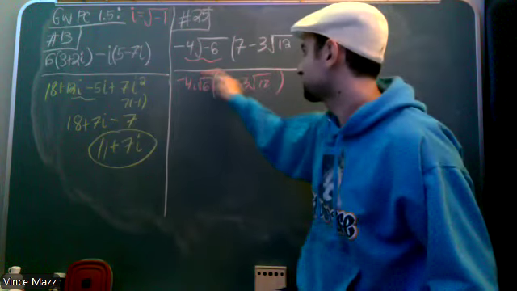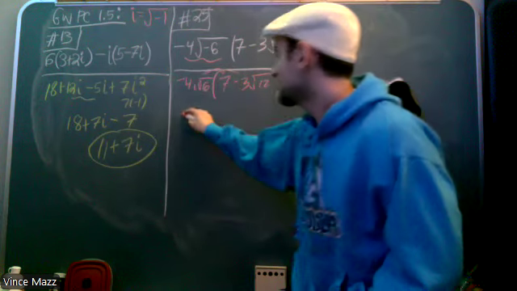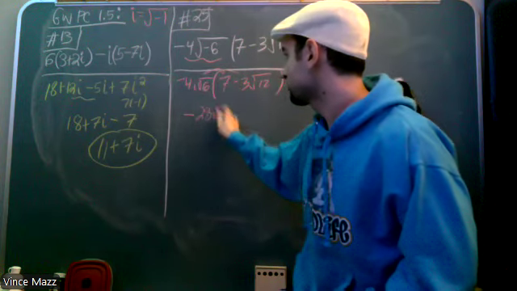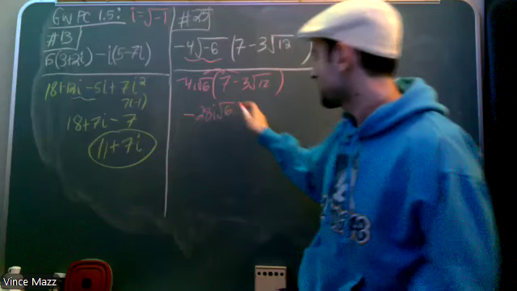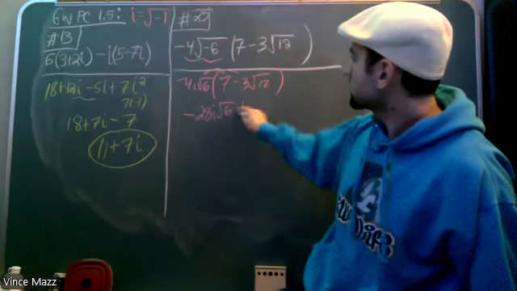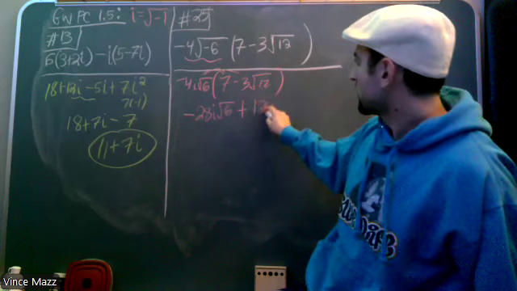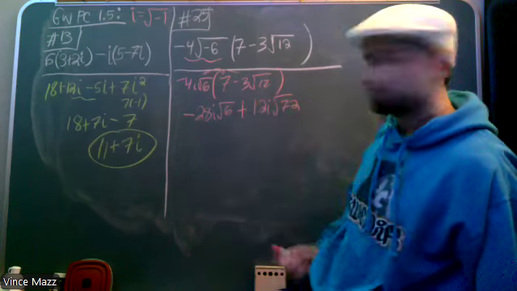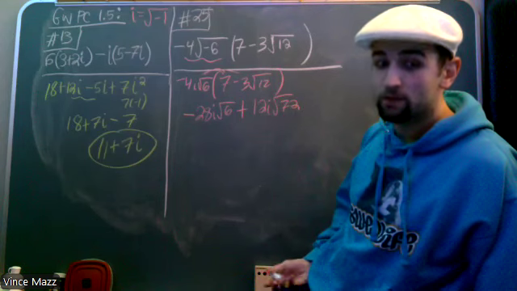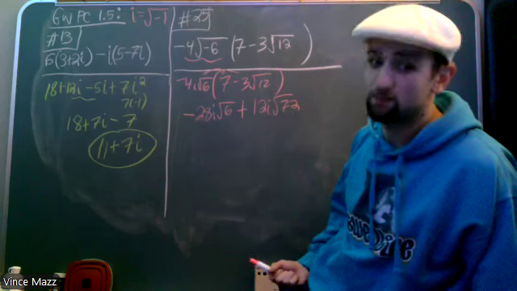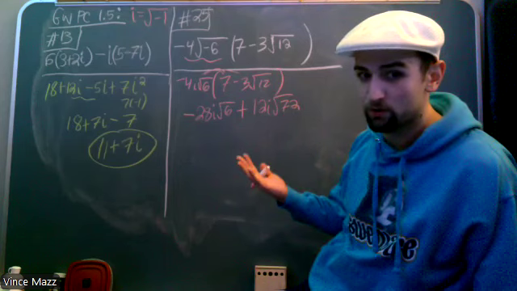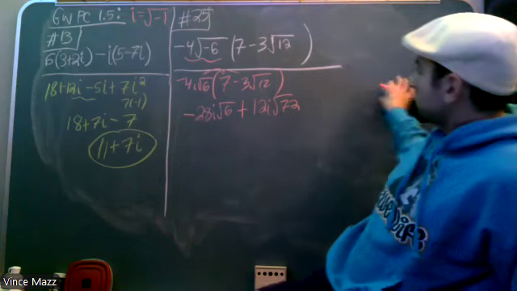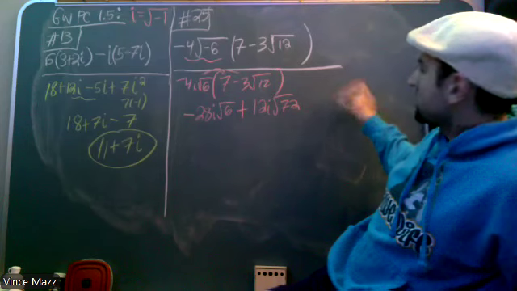Then let's distribute. So then you got negative 28i root 6, and then plus 12i square root 72. Now, there's an obvious big perfect square that goes into 72. We've used it quite a bit, so let's get familiar with it. The big perfect square that goes into 72 is actually 6, or 36, my bad.